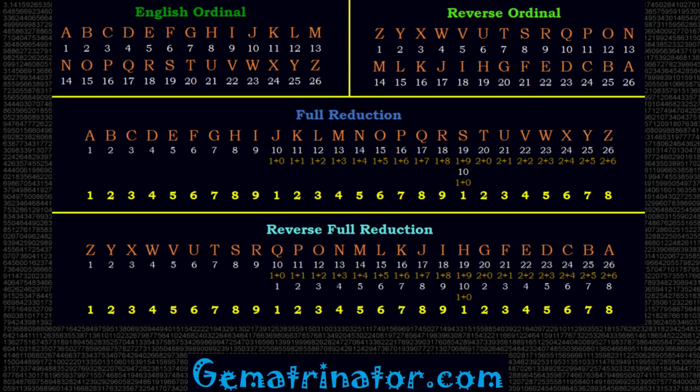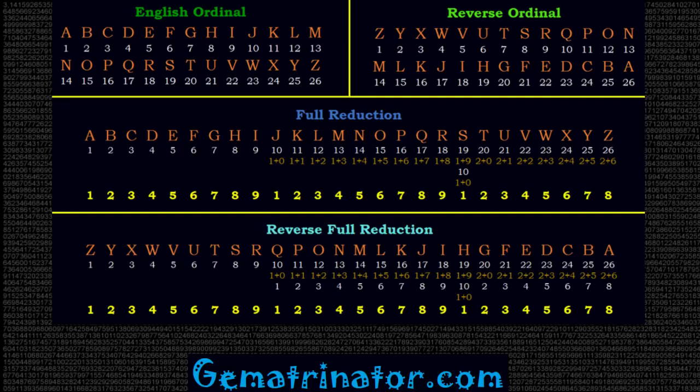So what you're looking at here are what we call the 4 base ciphers. We start with the alphabetic order called English Ordinal in the top left of your screen. This cipher simply numbers the alphabet 1 through 26, assigning a number to each letter relative to its position. In the middle of the screen, you'll see a cipher called full reduction.